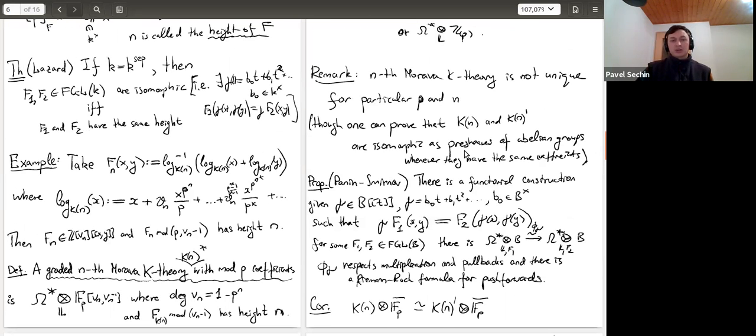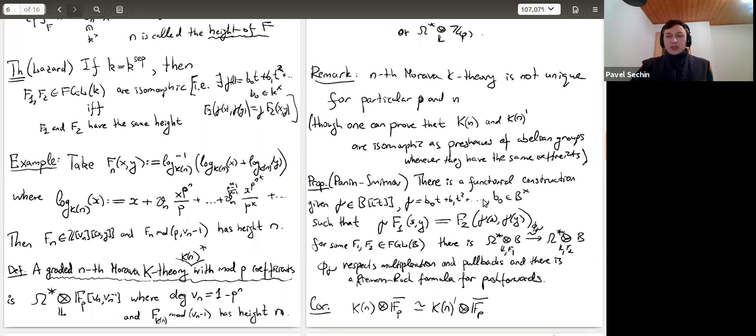I have already hinted in the definition, but let me make a precise remark that Ernst-Morava K-theory is not unique for a particular prime p and number n as a cohomology theory, and even as a presheaf of rings, but there are some uniqueness statements that you can prove. We'll use them later, but we'll formulate them first.